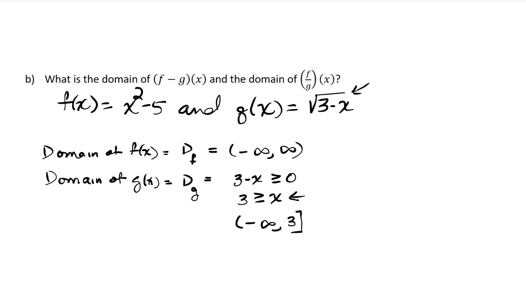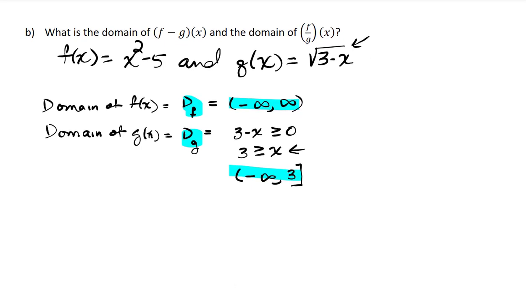So now that we have the domain of f and the domain of g, we want to find the intersection of these two sets. Let's sketch these two sets on a number line. If this number line represents x, the domain of f is the set of all real values. Let's highlight that in blue.